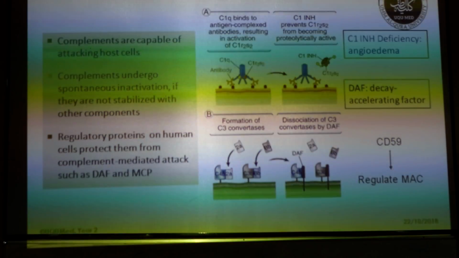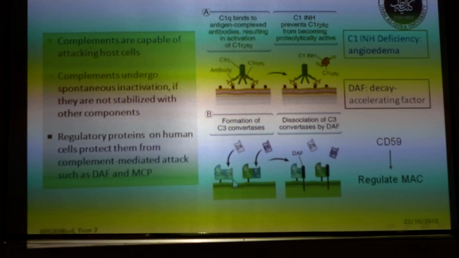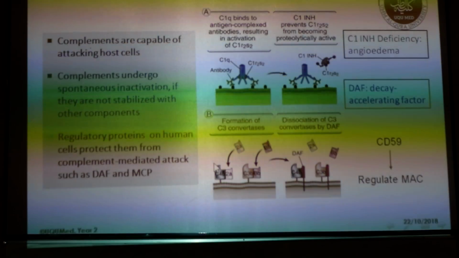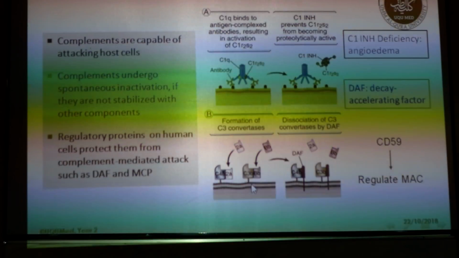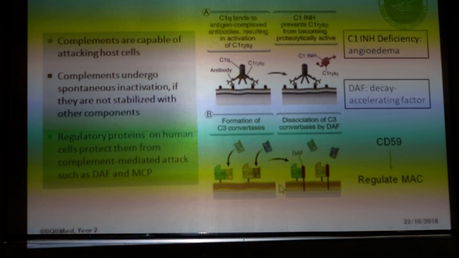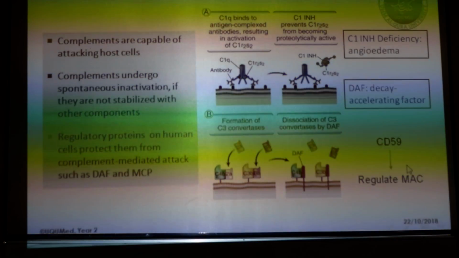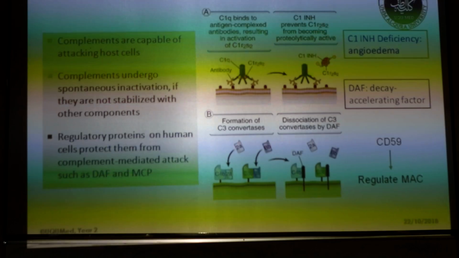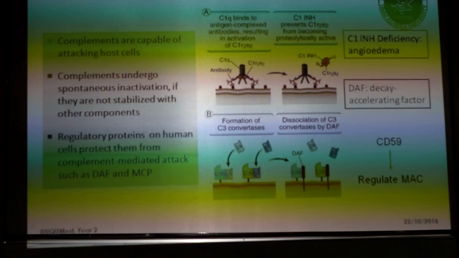So if you look at this figure, on one side C4b and 2a, which are C3 convertase, are removed from each other, and on the other hand C3b and capital B and small b are removed. So basically stopping C3 convertase. So when you remove them from each other, the pathway will not go further.